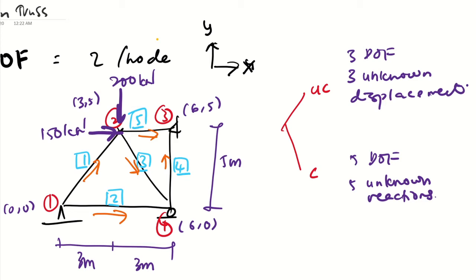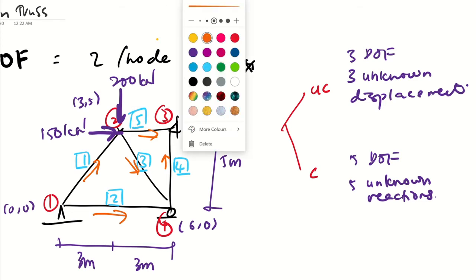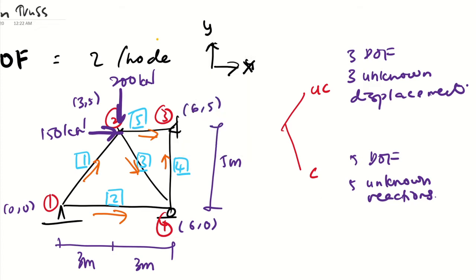Okay, so we should put the labels. For the reactions, we label 1, 2, 3, 4, 5, 6, 7, 8.